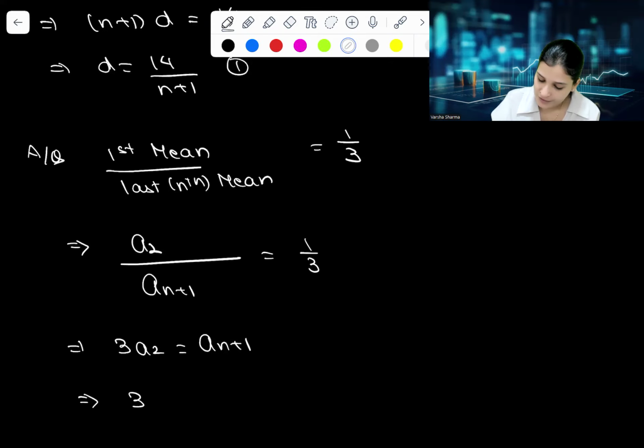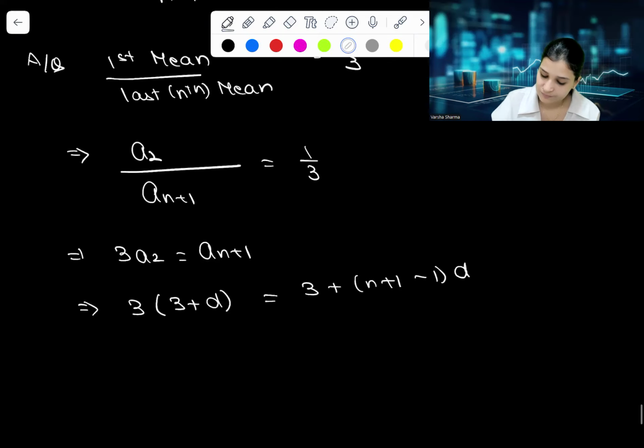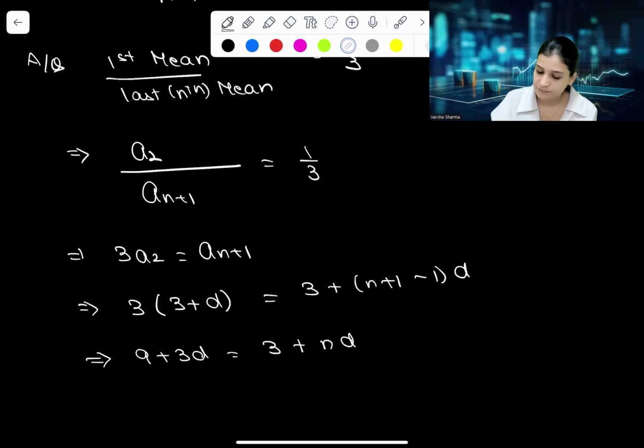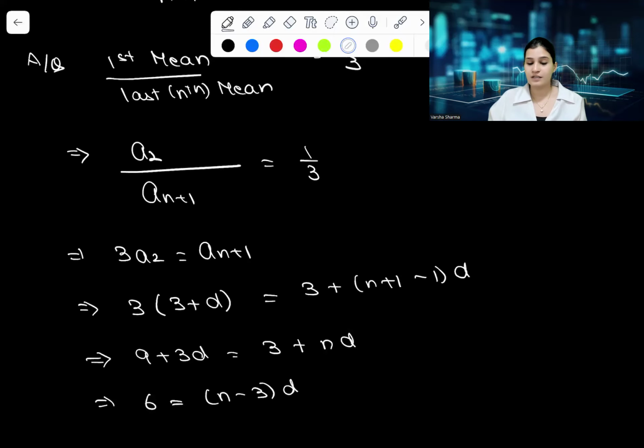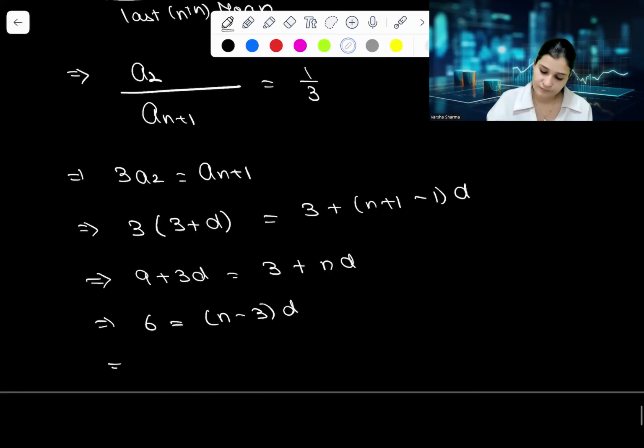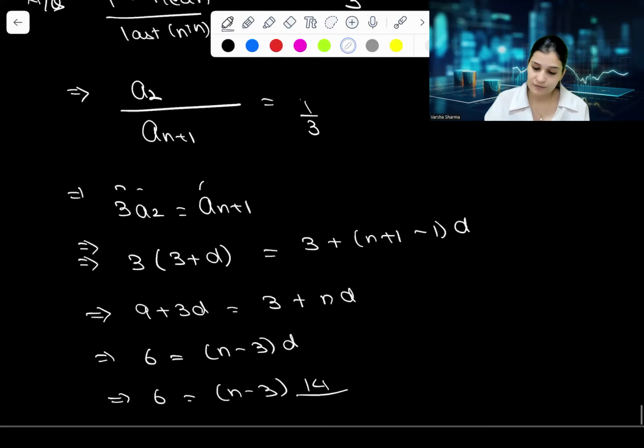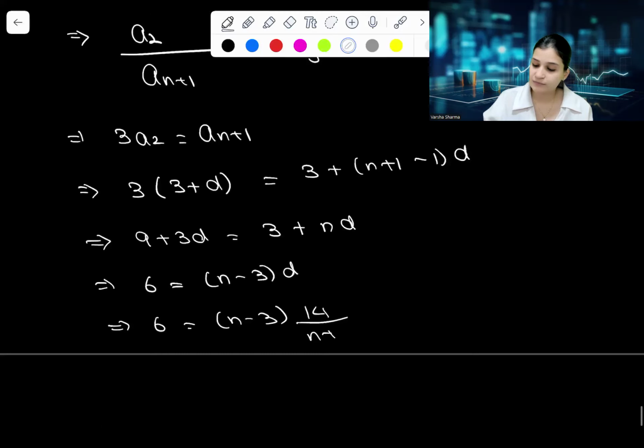Put the values. A2 is A plus D, and here A plus n minus 1 D. 9 plus 3D equals 3 plus nD, so 6 equals n minus 3 D. Now put the value of D, 14 by n plus 1, from 1.